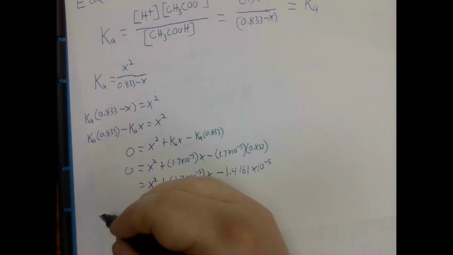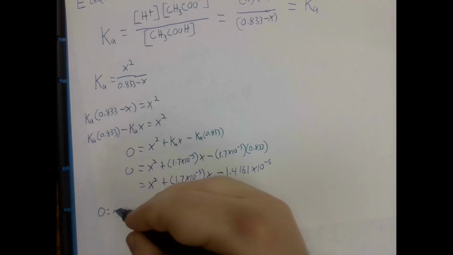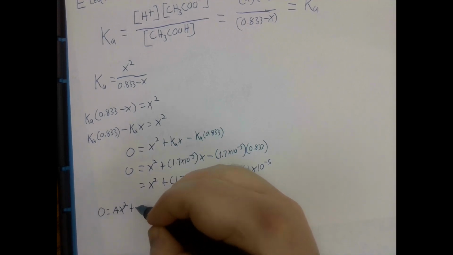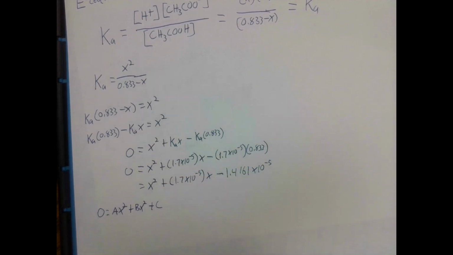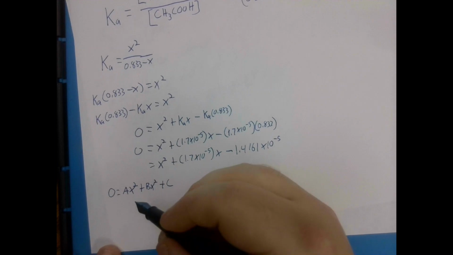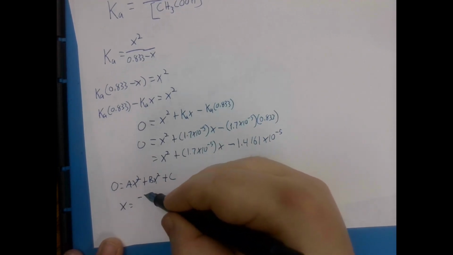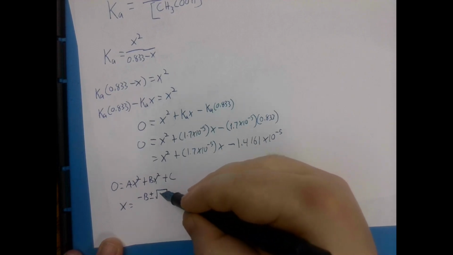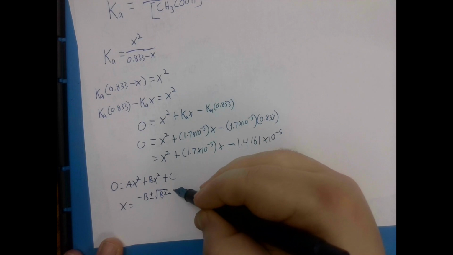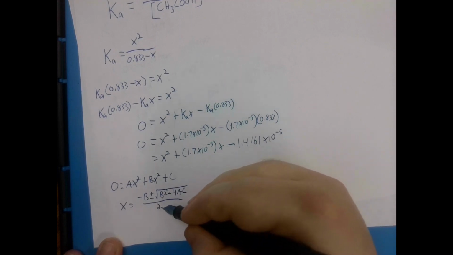So if you have an expression 0 is equal to ax squared plus bx plus c, then x is equal to minus b plus or minus the square root of b squared minus 4ac, divided by 2a.